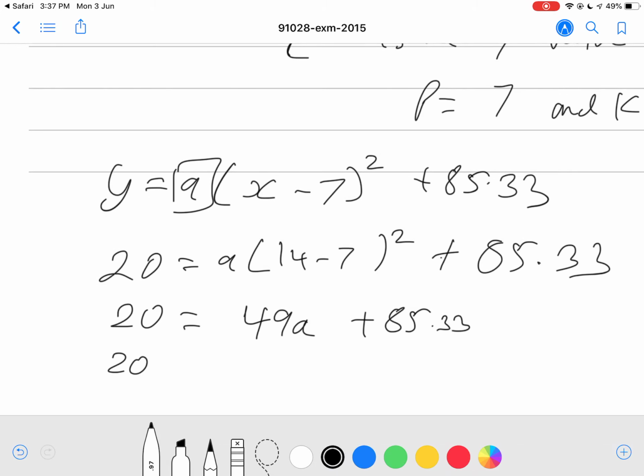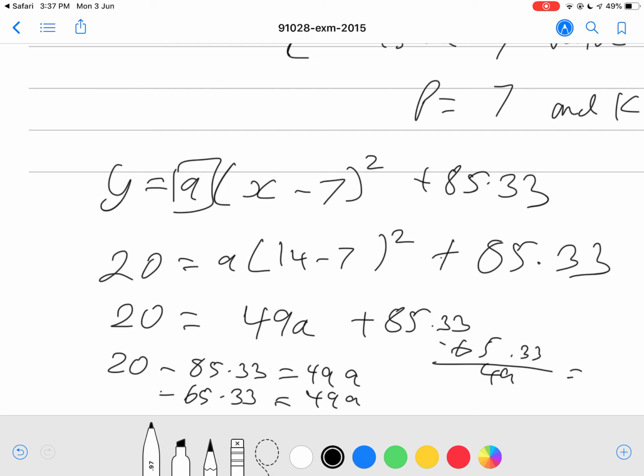So 20 minus 85.33 equals 49a. Negative 65.33 equals 49a. Therefore negative 65.33 divided by 49 should give us our a value. Plug this into our calculator.